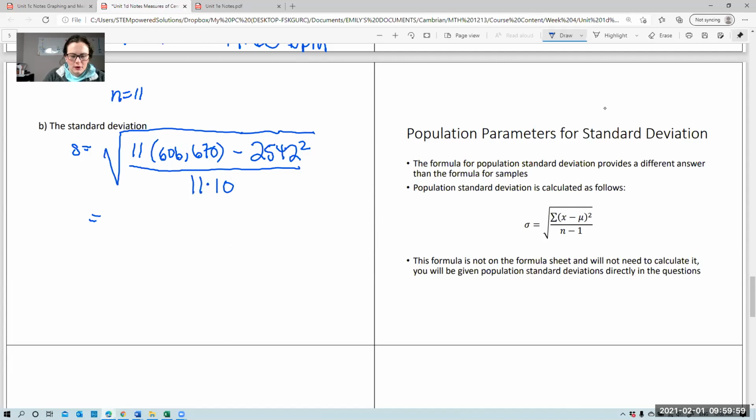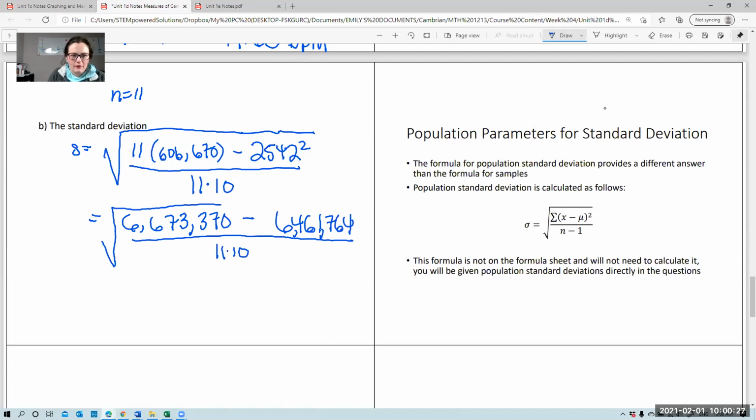Okay, so 11 times this giant number equals 6,673,370. Subtract 2,542 squared equals 6,461,764, divided by 11 times 10.